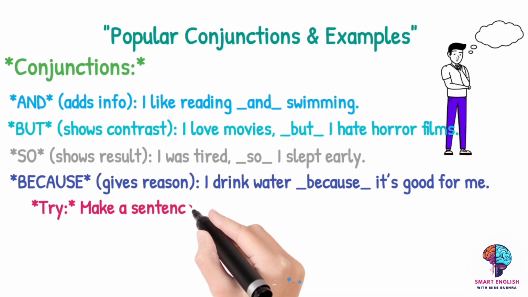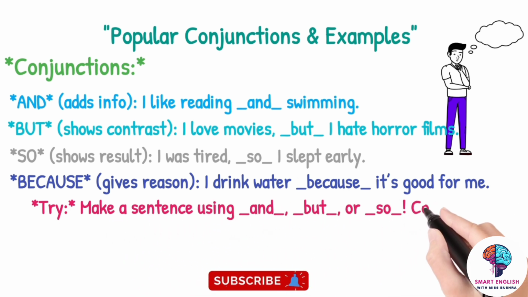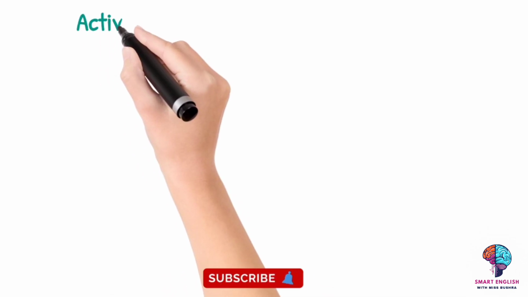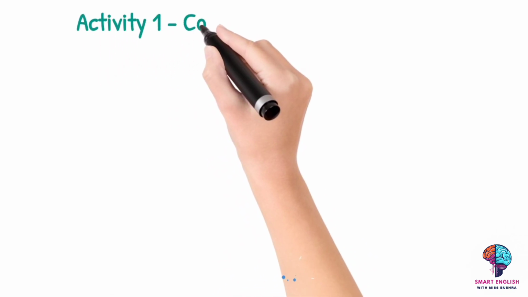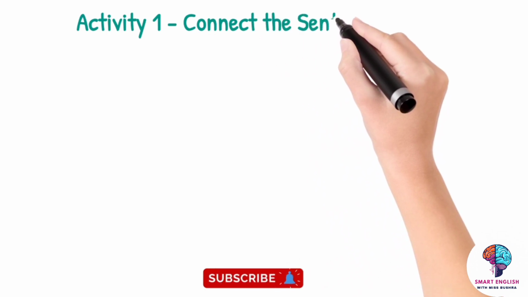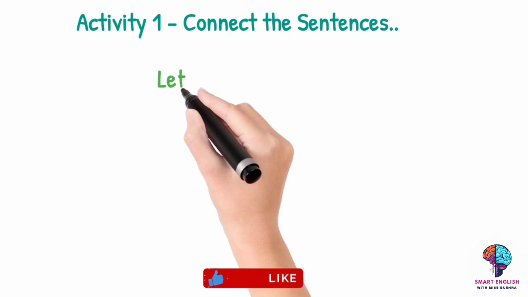So is the most commonly used conjunction that we use a lot of times. I was tired, so I slept early, right? And then also because. Because is a highly common conjunction that we use every time in our speaking. For example, I went there because I wanted to.